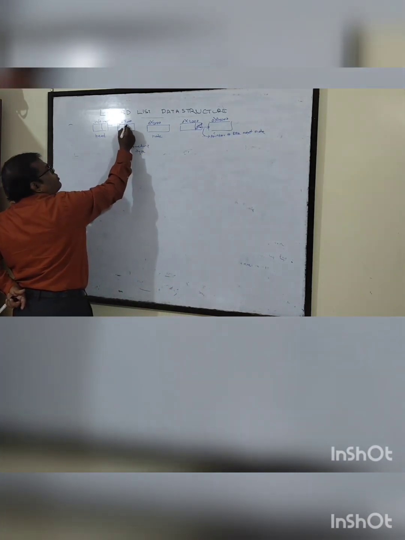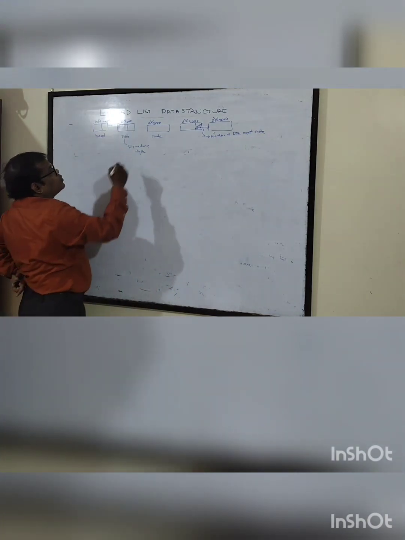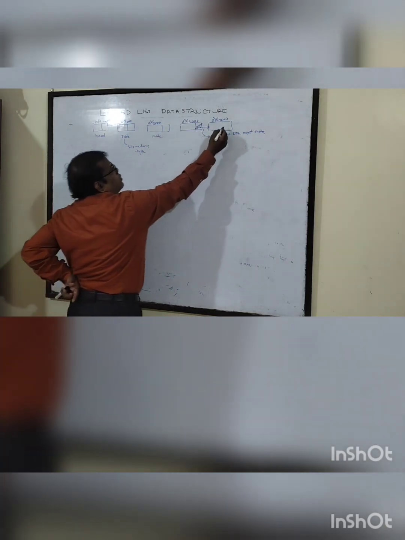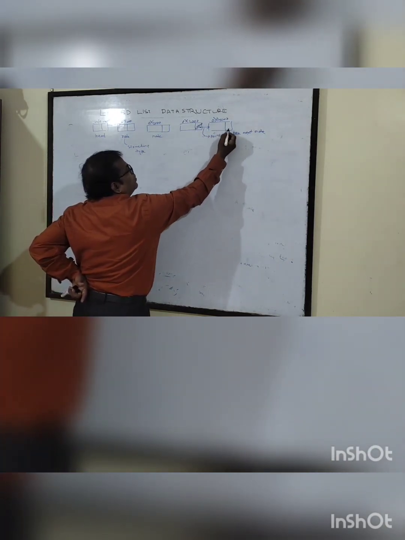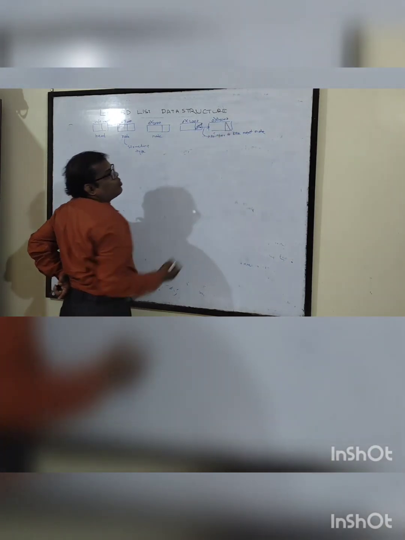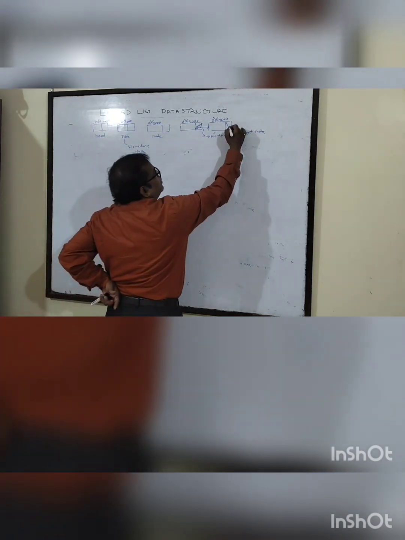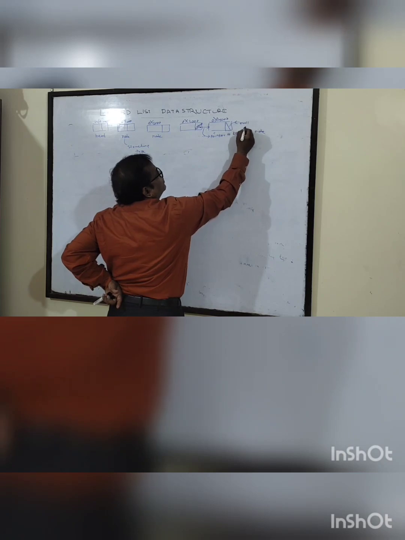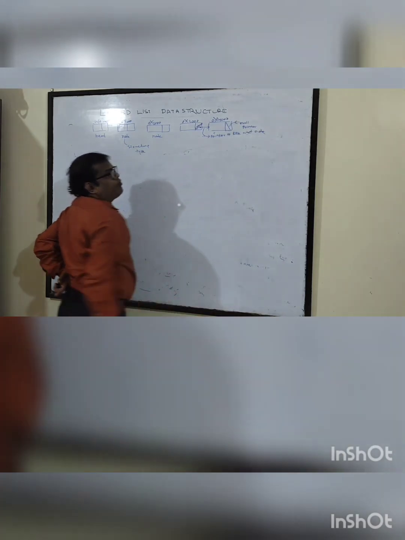So each node has 2 blocks, and the last node is grounded with a null pointer. What is a null pointer? One which does not have any further address.